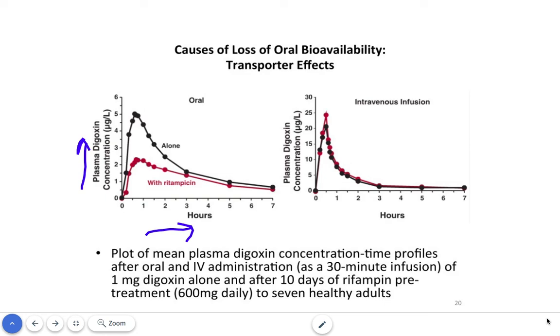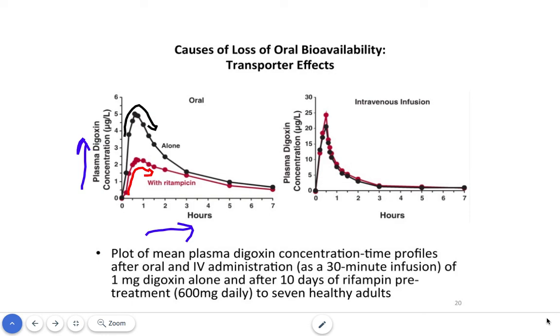When digoxin was given alone, as you can see by the black graph, a greater amount of drug has been absorbed. But after rifampin pretreatment, the absorption of digoxin drastically reduced.